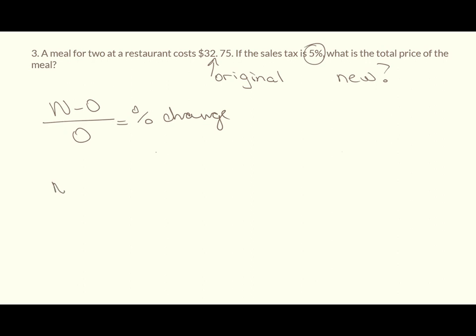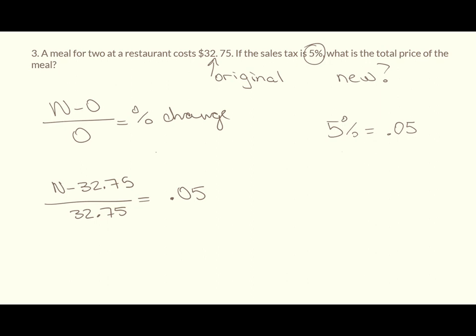So we have the new minus the original price of $32.75 over, again, the original price of $32.75 equals our percent of change, and it went up 5%. So I'm going to make 5% 0.05, because 5% equals 0.05.